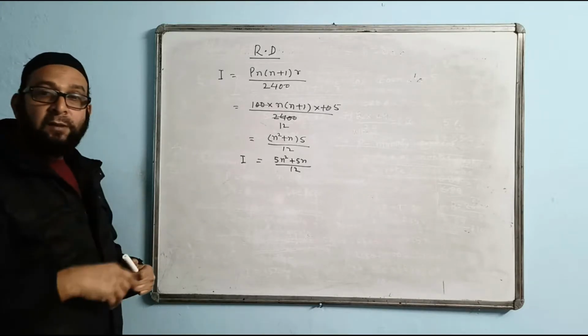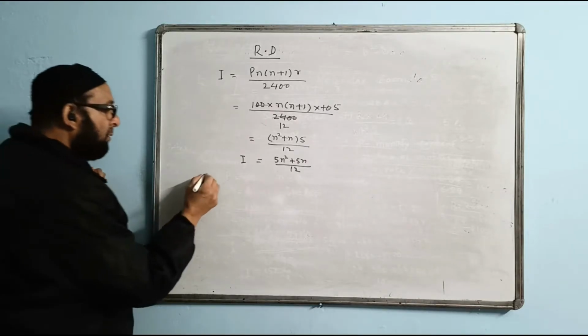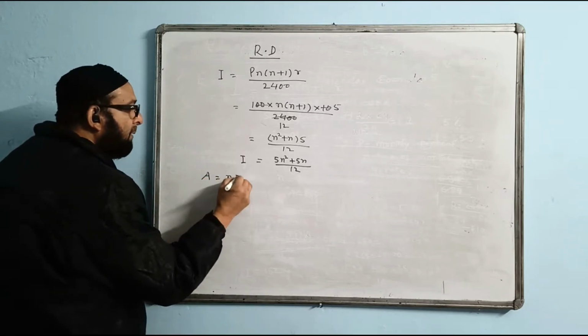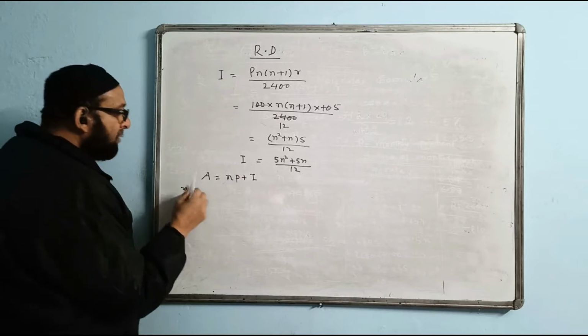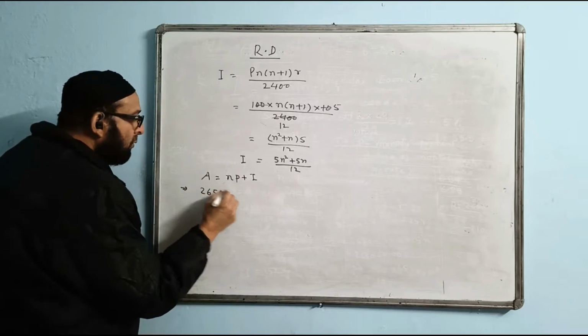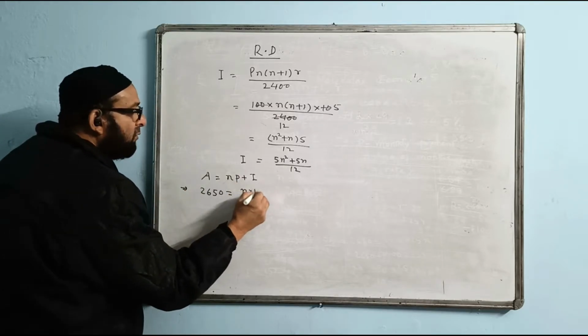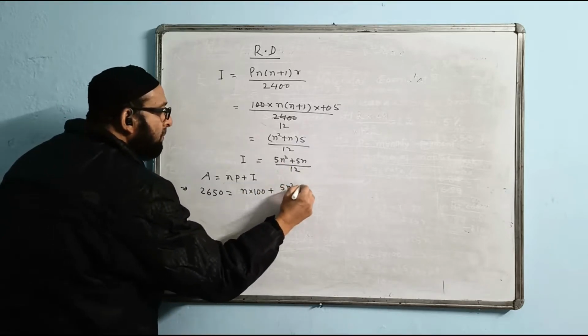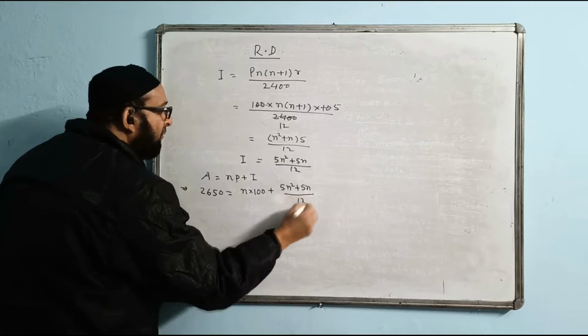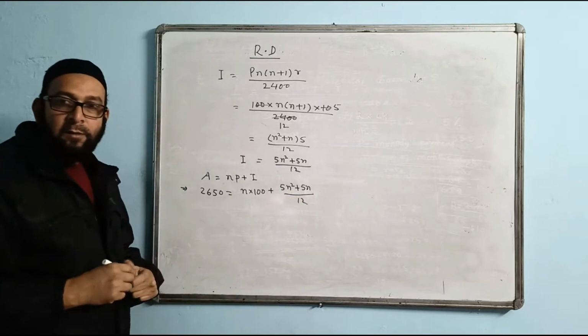And amount was given there, so I use the formula of amount. Amount formula is NP plus I. Amount of maturity is given 2650. N is unknown. P value is 100. And I value is this much. Understood?